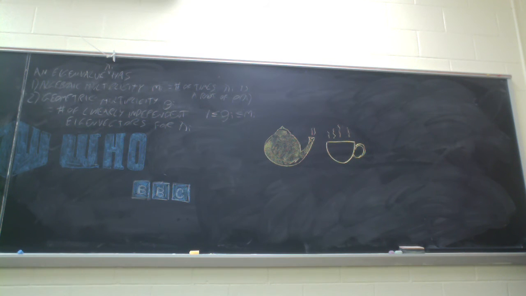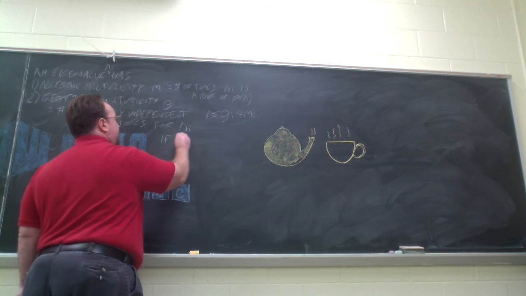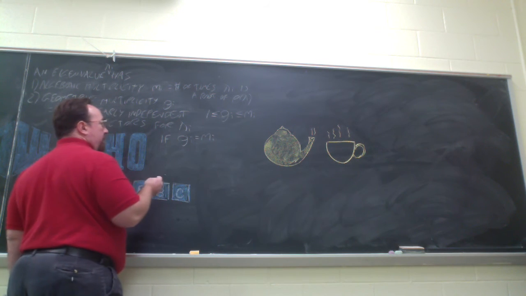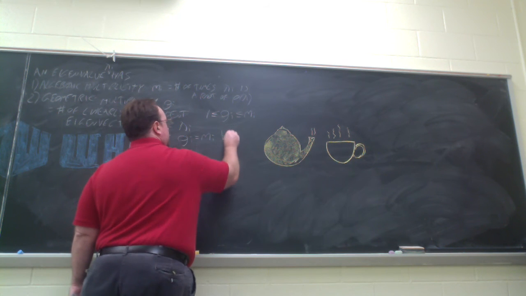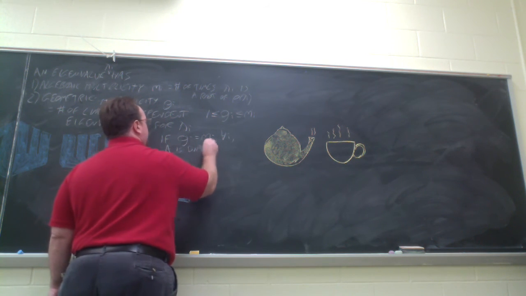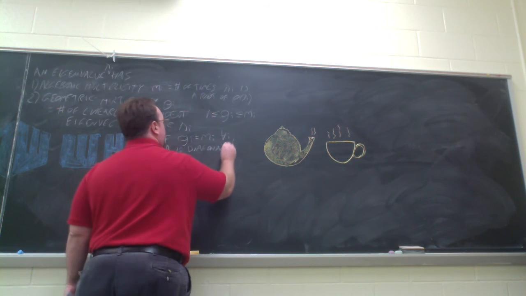All right. Now, if the geometric multiplicity equals the algebraic for all eigenvalues that you have, that's the diagonalizable case. You actually have a full set of eigenvectors.